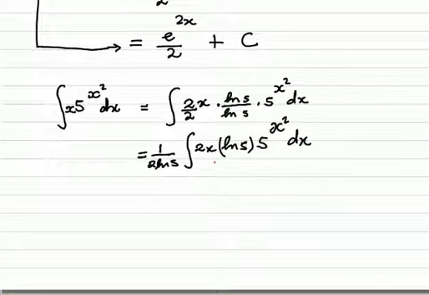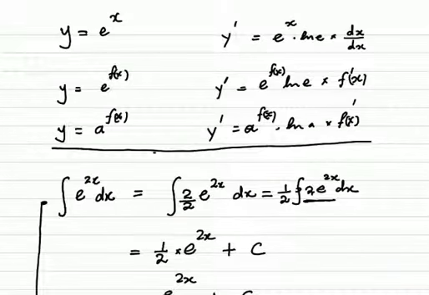Then immediately we can see that this structure is exactly the same as the one we've got there. Then we can ask ourselves, where does this come from as a derivative? And you can see clearly it comes from something like this.